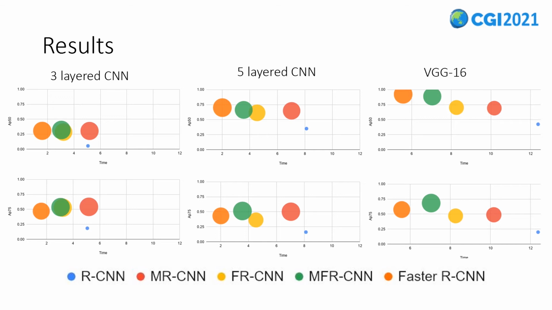Faster RCNN had the highest average precision of 0.901 at the 0.5 IOU threshold, while the modified FRCNN had the highest average precision of 0.723 at 0.75 IOU among all 5 models.